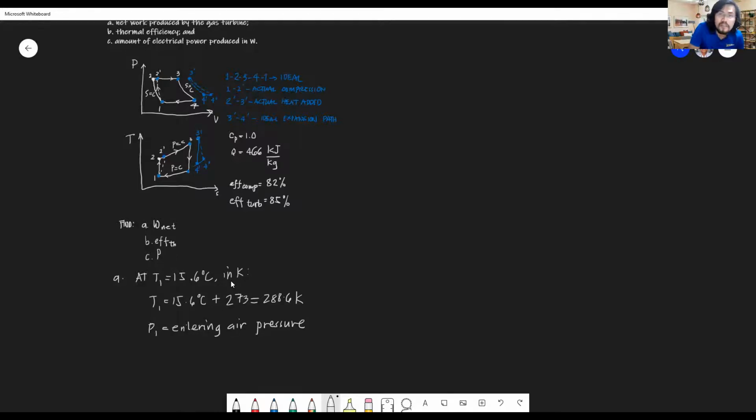All right, so P2 is the pressure after adiabatic compression. This is in kPa, and this is also in kPa.